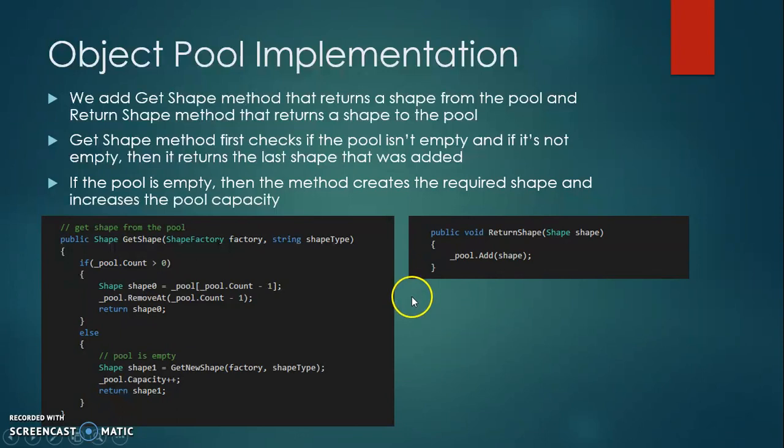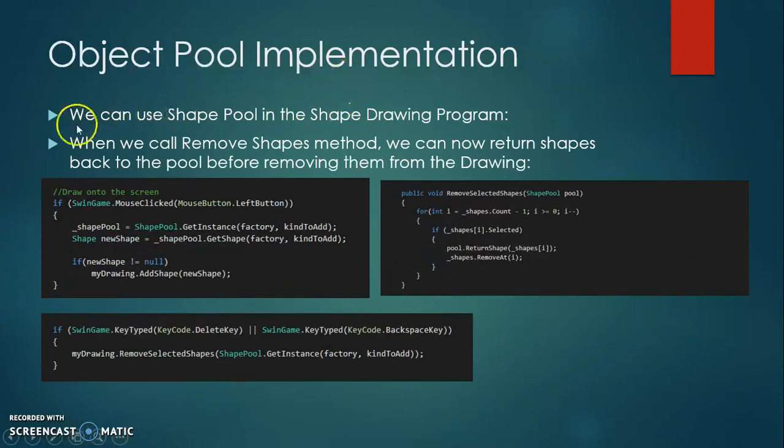So let's see how this works in our shape drawing program. We create a shape pool in the shape drawing program. We have a shape pool variable, and then we get the instance of the shape pool, one single instance. When we need to create a shape, when the left mouse button is clicked, we'll just say new shape equals shapePool.getShape. So we're grabbing a shape from the pool. What we also now need to do is change the removeSelectedShapes method.